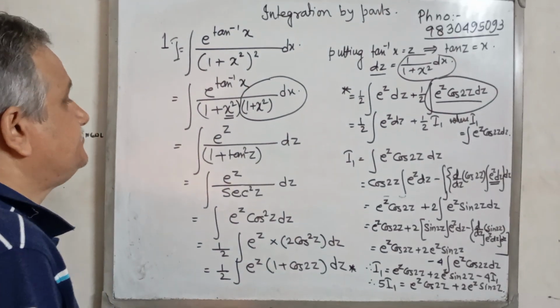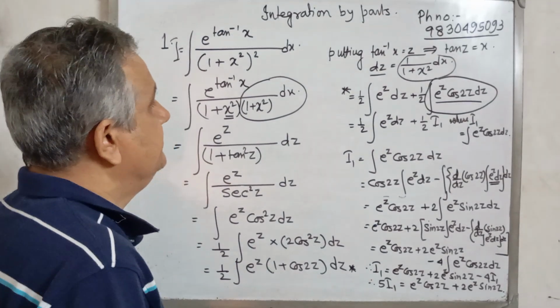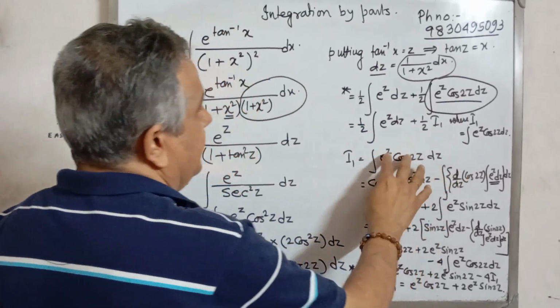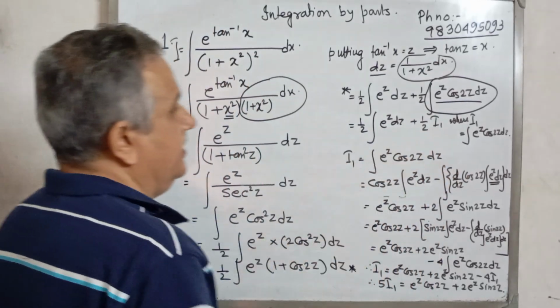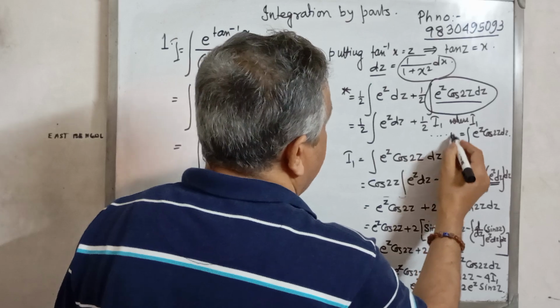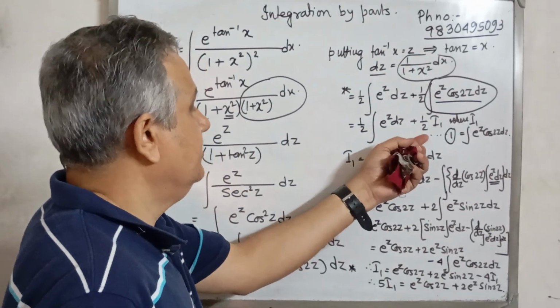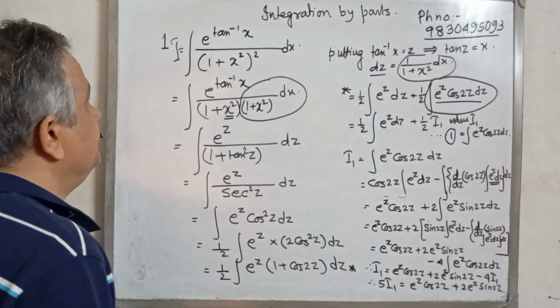Now substitute here the values and we'll get the answer. Here we put it in 1. Now value of I1 put it here and we'll get the answer.